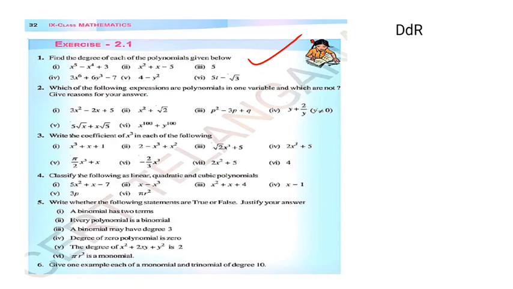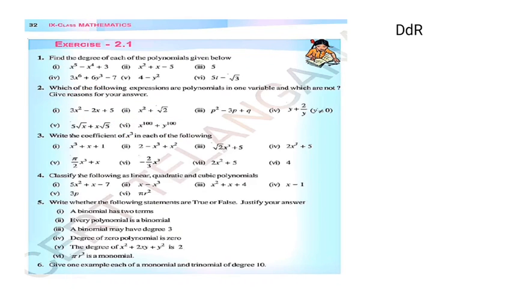See here, the first question is a polynomial and it has only one variable, that is x. The last question is also a polynomial, but it has two different variables, x and y, so it is not a polynomial in one variable. Similarly, do the remaining problems.